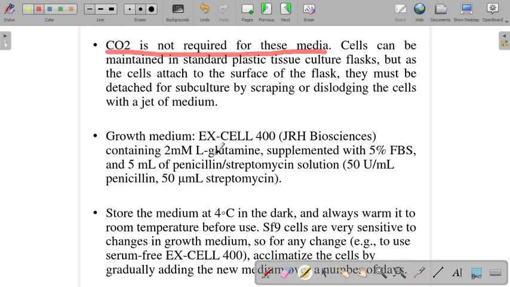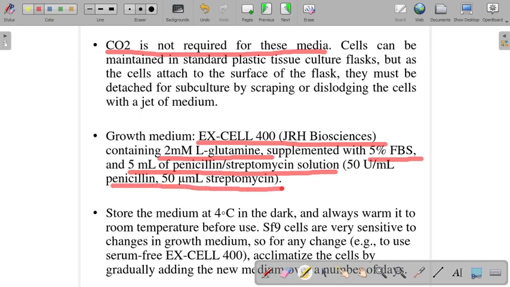For the growth medium, JRH Biosciences, a biological science company, produces XL 400, which contains 2 millimolar L-glutamine supplemented with 5% fetal bovine serum, then 5 ml of penicillin streptomycin as an antibiotic solution to avoid cross contamination by any bacterial species, right.